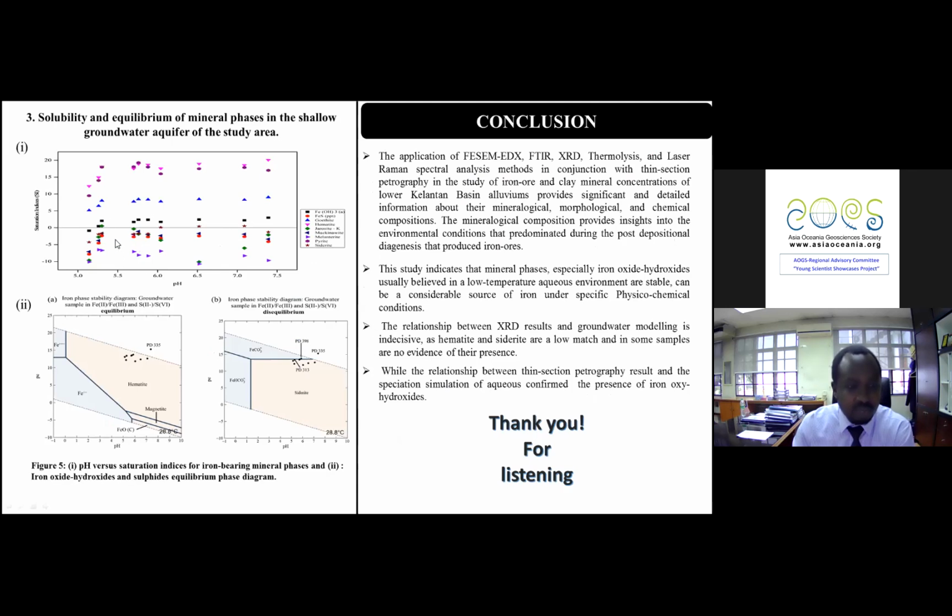Figure 5.1 shows pH versus saturation indices for iron-bearing mineral phases. Saturation indices for mineral phases were developed on the basis in which pyrite and hematite were supersaturated in the groundwater samples.